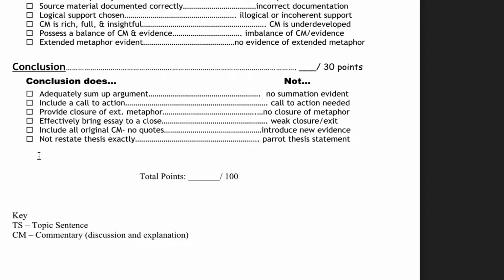Okay, so make sure that you completely close that metaphor that you opened in the introduction. Make sure that your essay has been completely brought to a smooth and effective closure in your conclusion. Follow those guidelines in the lesson plans.